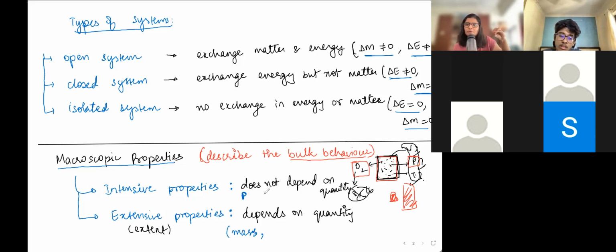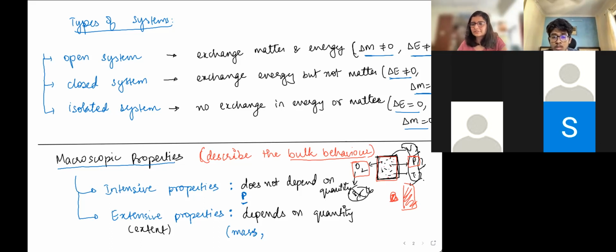So even though the quantity of substance is different, they both exert the same pressure. So it's not dependent on the quantity of the substance, right? So pressure is intensive, but mass, if I isolate this small amount of air and compare its mass to the whole mass of air on Earth, there's going to be a difference. It depends on the quantity of the substance.